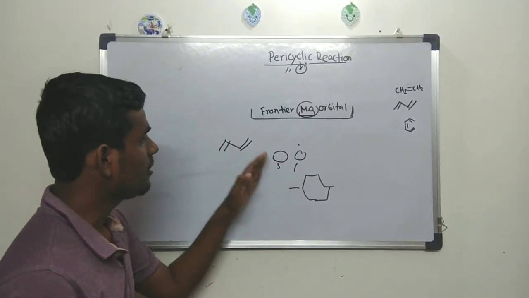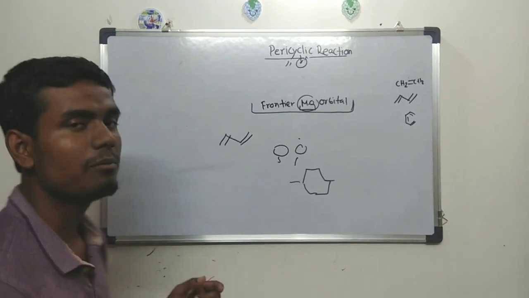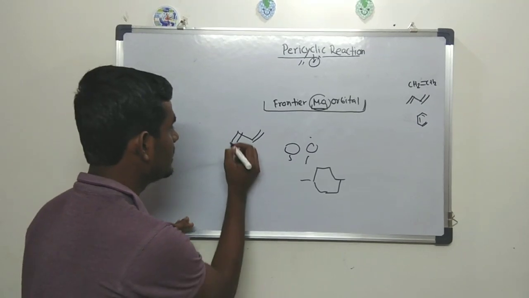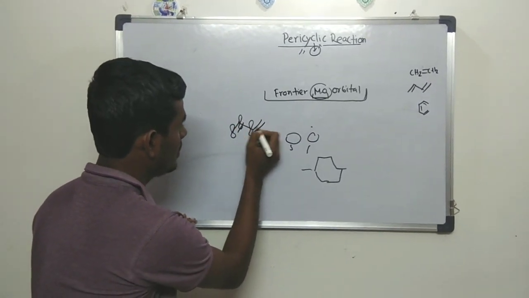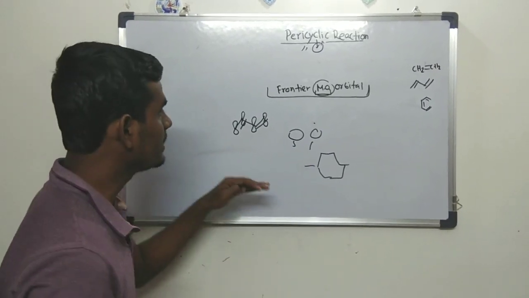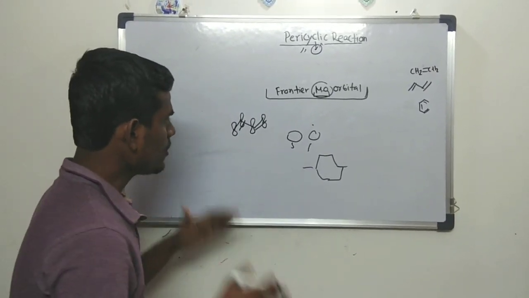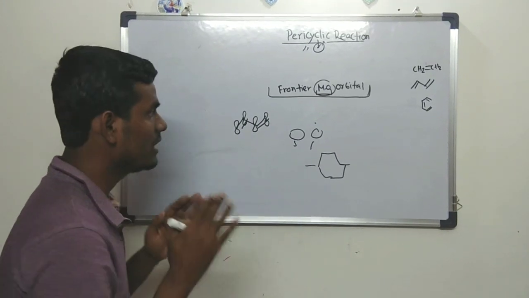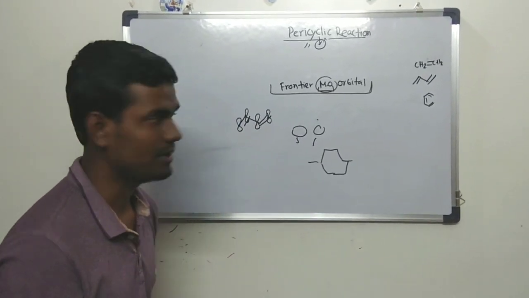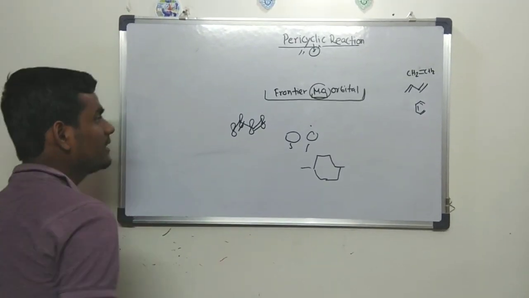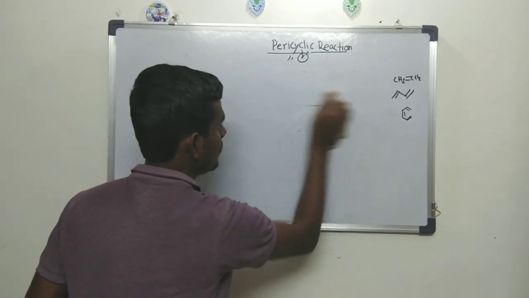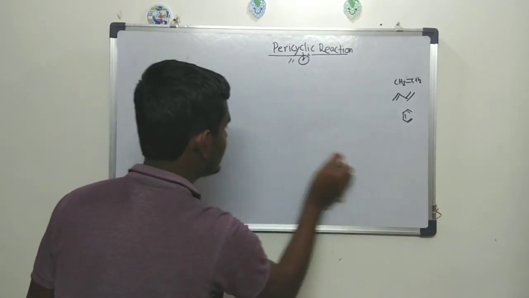For the pi system there is a theory, Huckel molecular orbital, and the approximation is that we only consider the pi bond itself, not the sigma bond, because sigma bonding is another part. We are assuming pi bonding does not depend upon the sigma system, so we are only interested in the pi molecular orbital.